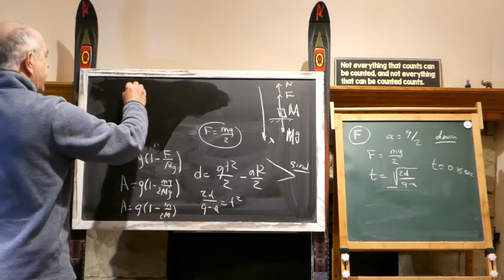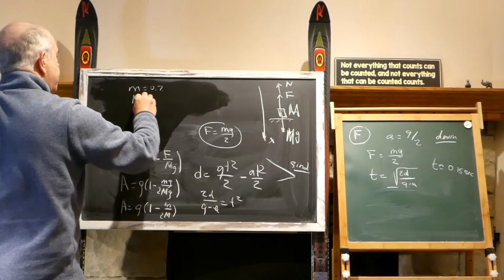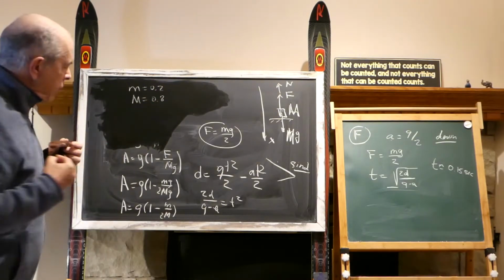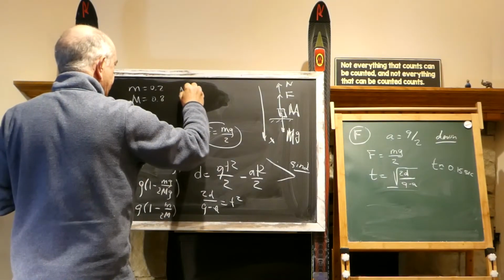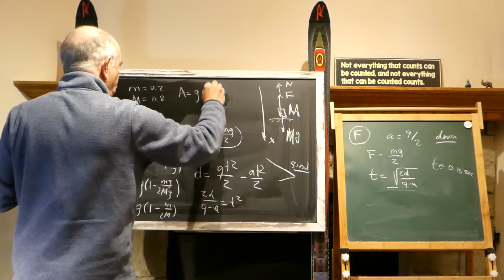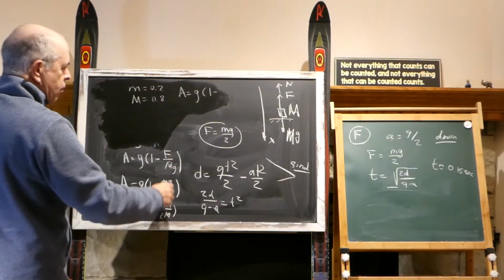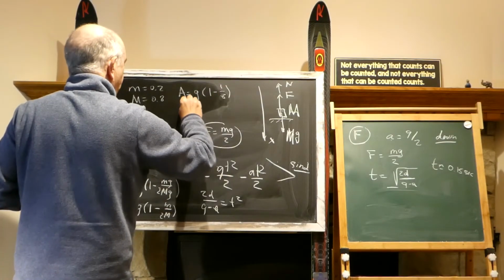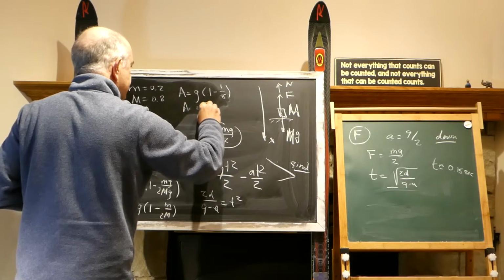And I have M is 20% and big M is 80% of my body. So if I plug those numbers here, I will get A equal G, 1 minus 1/8, or A equal 7/8 G.